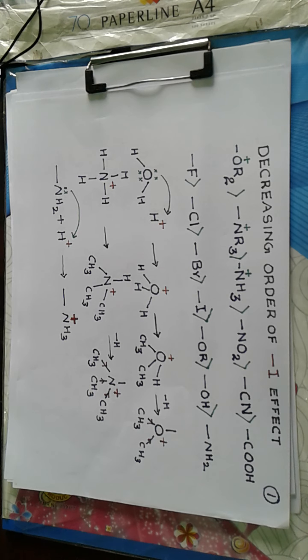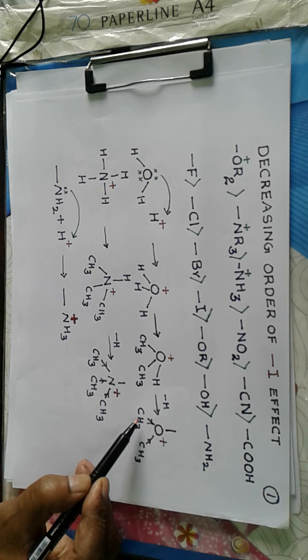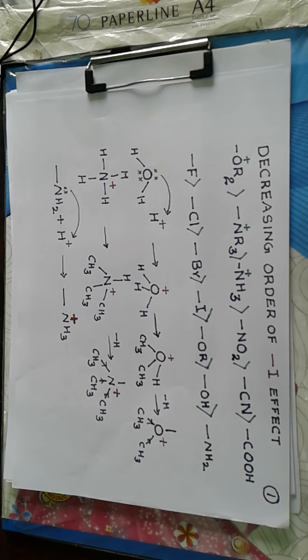So that the positive charge over nitrogen is partially neutralized, but since there are 3 methyl groups, the partial neutralization of positive charge is greater than in the case of OR2 positive. Again, nitrogen is less electronegative than oxygen, so NR3 positive has a lower minus I effect than OR2 positive.